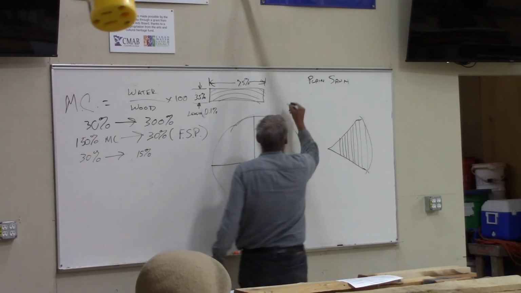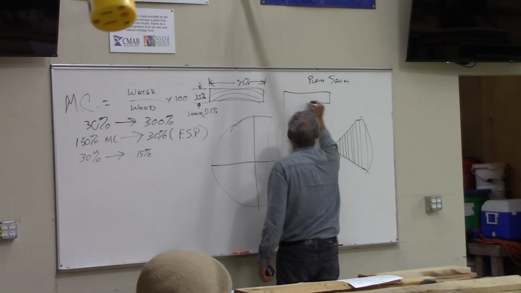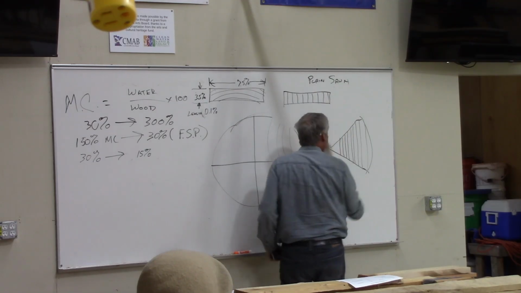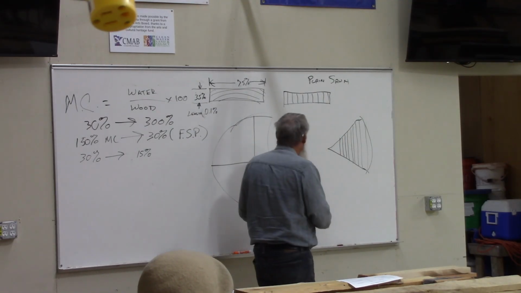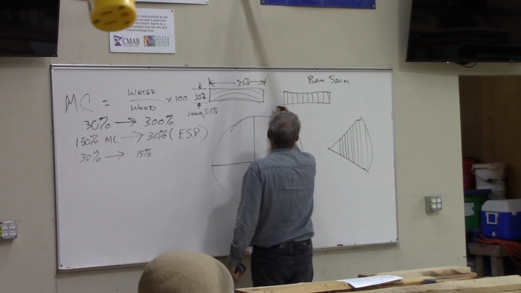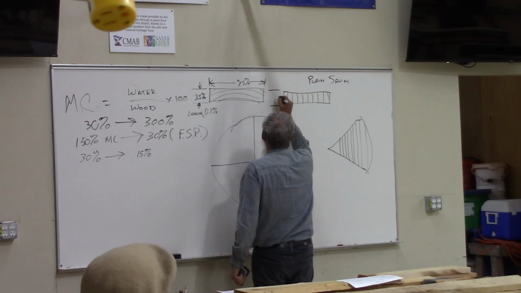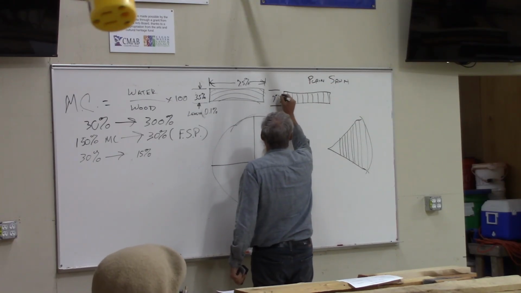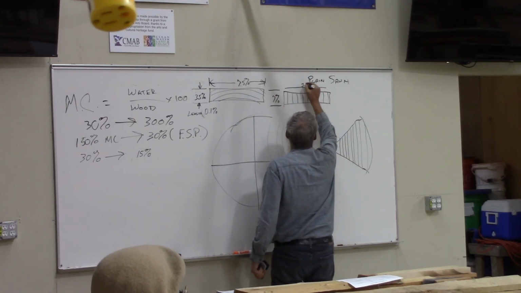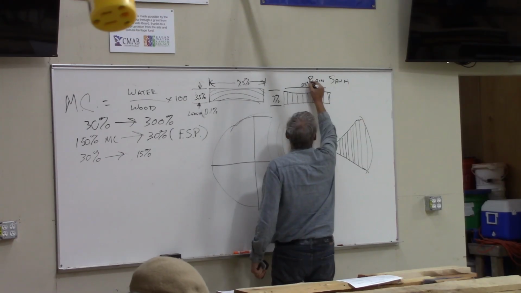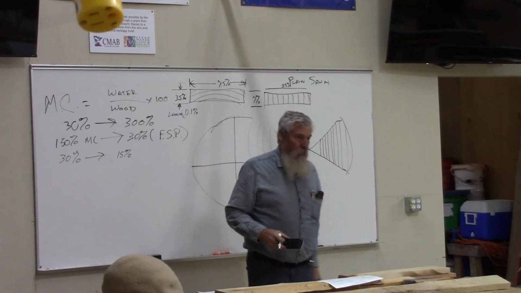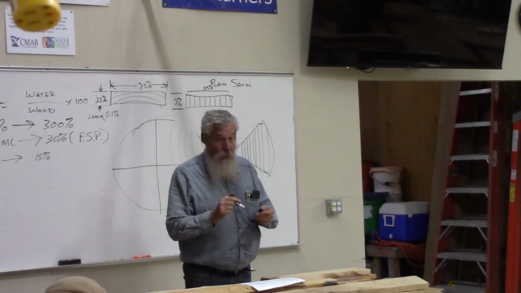So the growth rings show up on quarter sawn as vertical lines, or close. Okay? So these numbers are the same numbers, but now you've changed them. So this is 7%. This is 3.5. So quarter sawn lumber appears to be more stable.